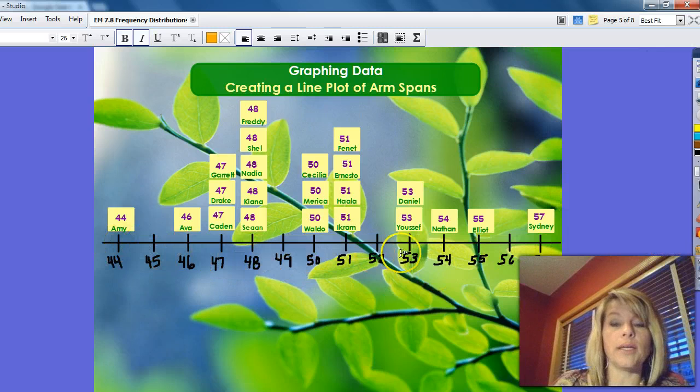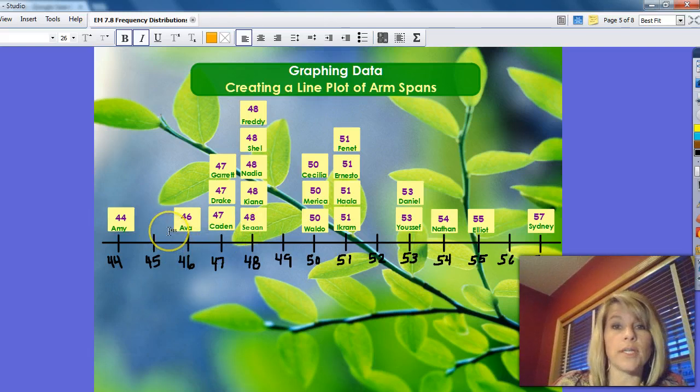It's simply a line, kind of looks like our empty number line. And then we put the numbers on it from smallest or minimum to the biggest number or maximum number. So all of those post-it notes are now on the line plot. And this is another great way to show the data. So I can see where there weren't any students for a certain number of inches.